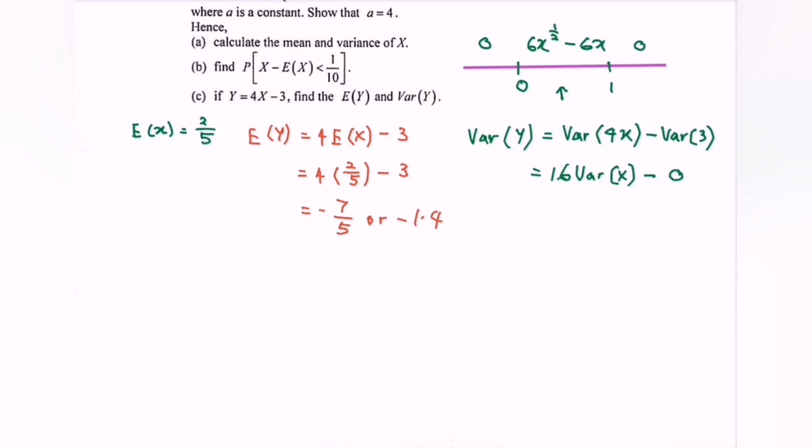Substitute the variance for X. So if you still remember, we have 16 multiplied with the variance of X, where we have 19 over 350. Simplify the situation. So the variance for Y is equal to 152 over 175 or 0.869. So here we are, and thanks for watching.